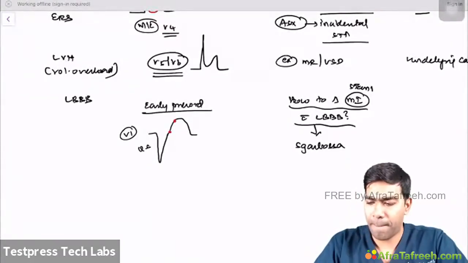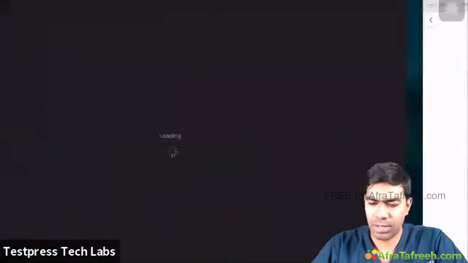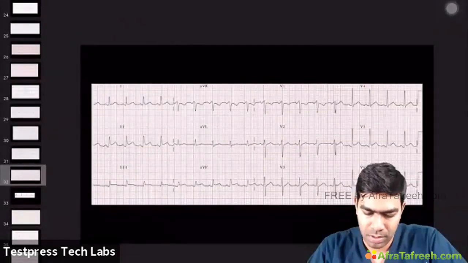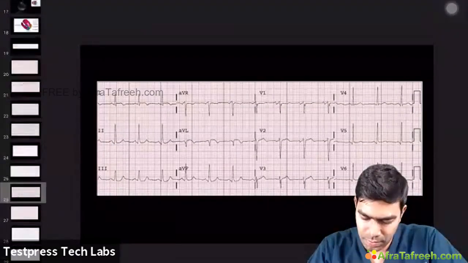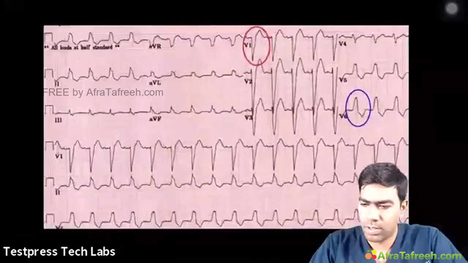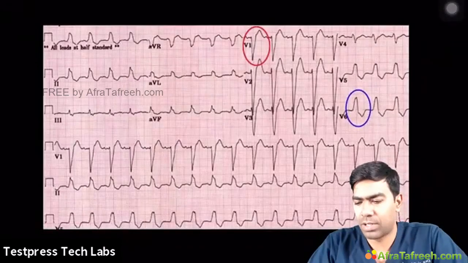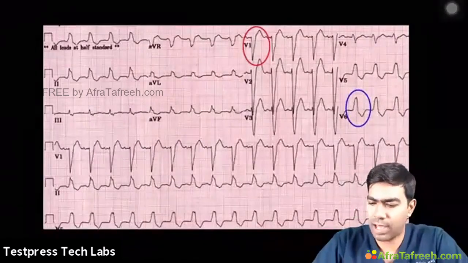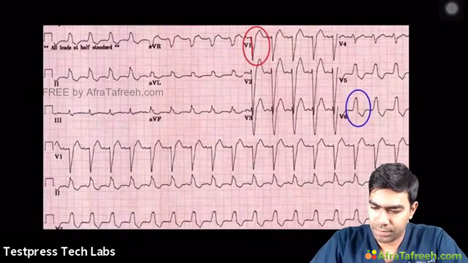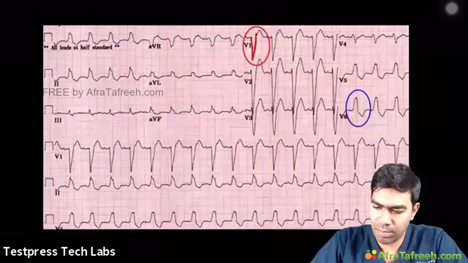Let me come back to the image of LBBB, because we need to know LBBB now. Yes, got it. So this is LBBB basically. In left bundle branch block, you have this kind of pattern, and this is the J point.